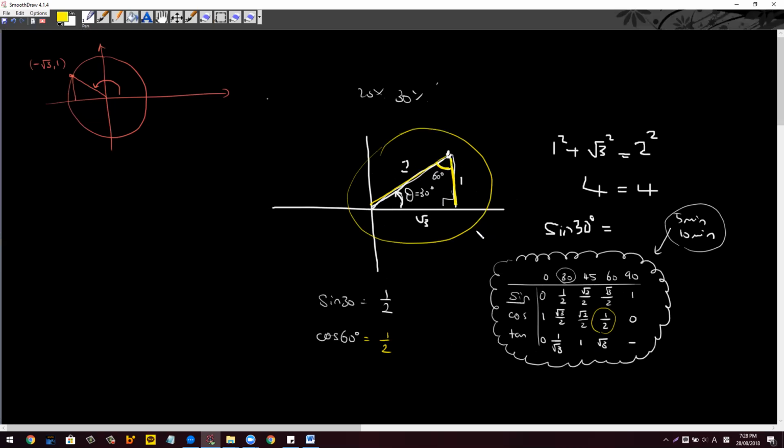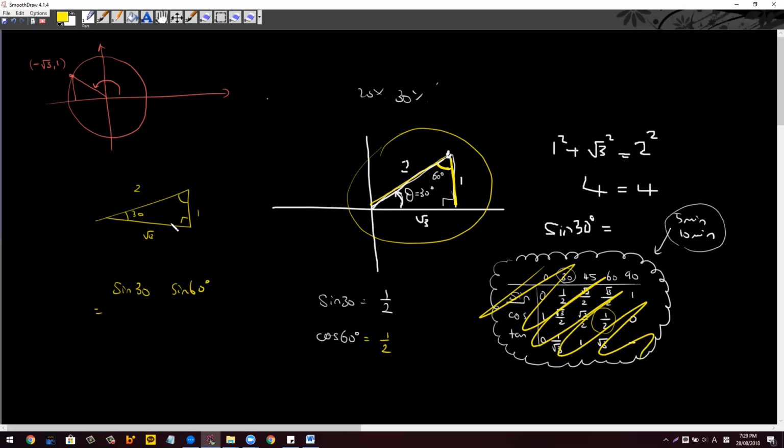If you memorize this triangle, with sides root 3, 1, 2, and this is 30 and this is 60, then you'll be able to figure out what sine of 30 is without memorizing the table.